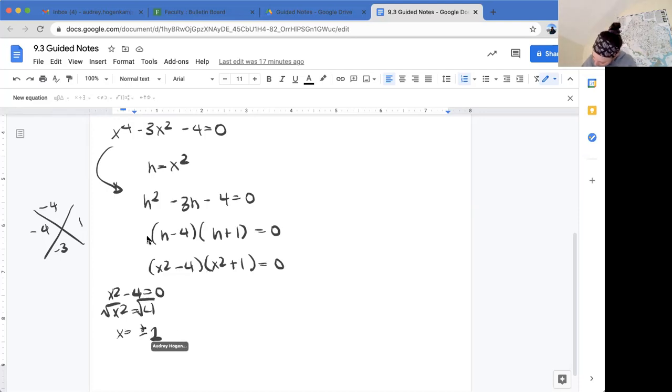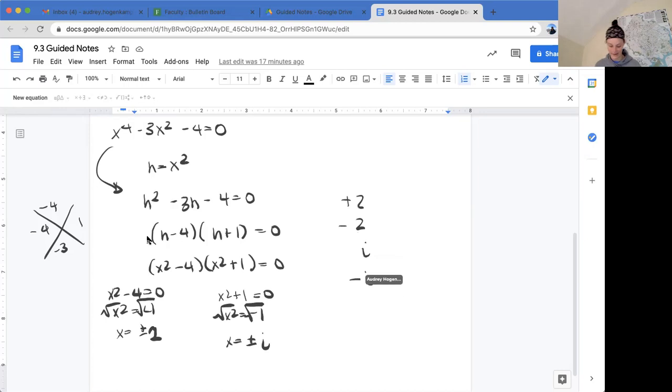Okay, and then x squared plus 1 equals 0. x squared equals negative 1. Square root of negative 1 is i. So my solutions here, I guess 4, because whenever you take a square root, plus or minus. So my solutions here are going to be positive 2, negative 2, i, and negative i.